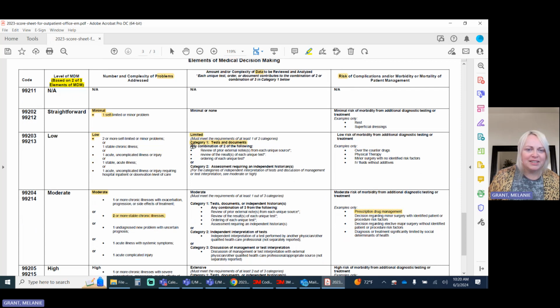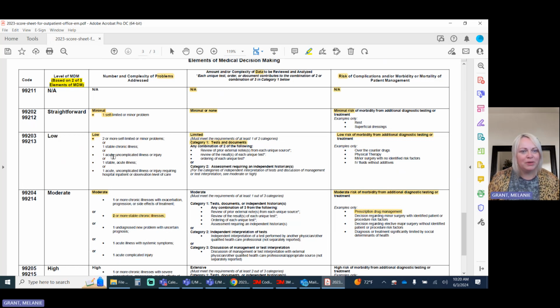Your highest level of data is going to be limited, which includes, of course, minimal or none and none. And then your highest level of medical risk is moderate. And again, that includes your lower levels as well.